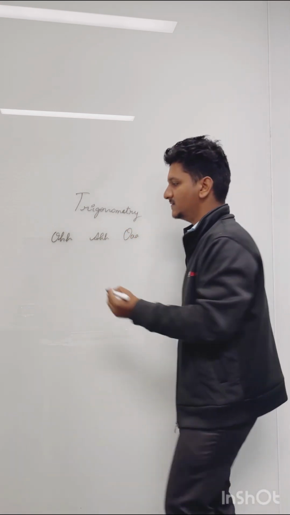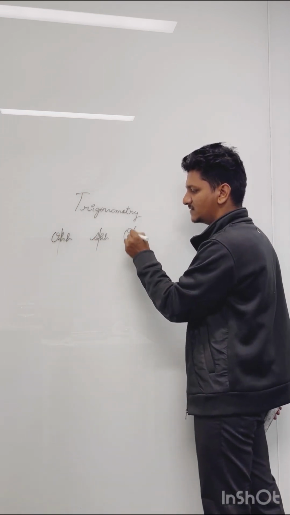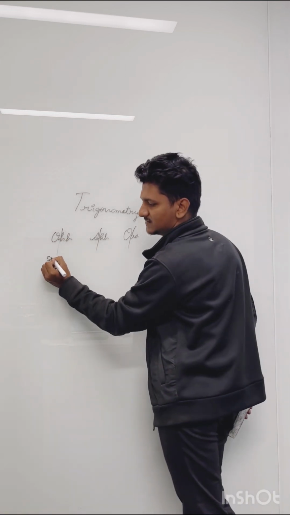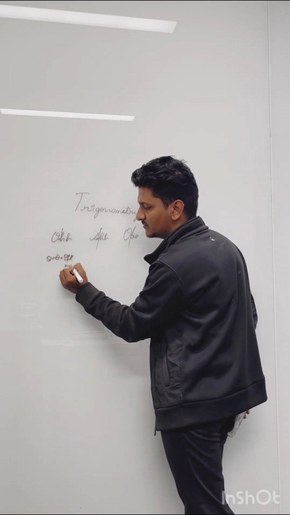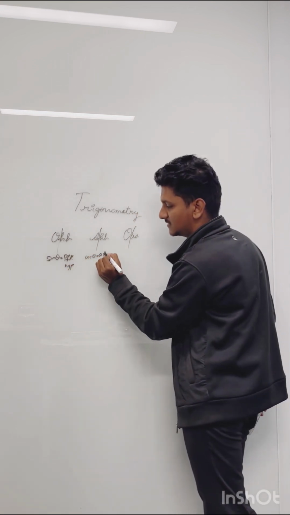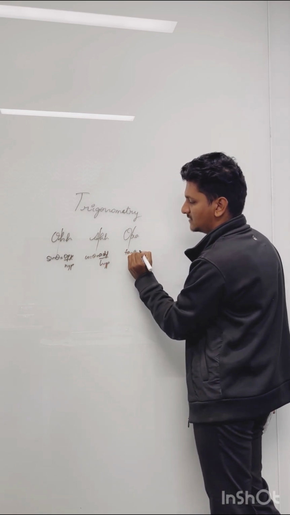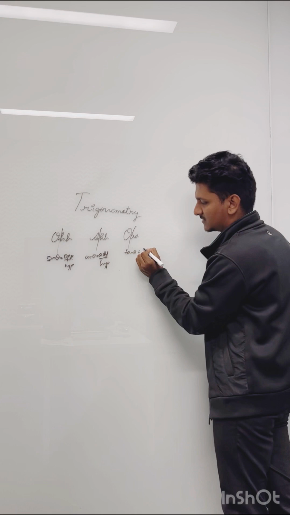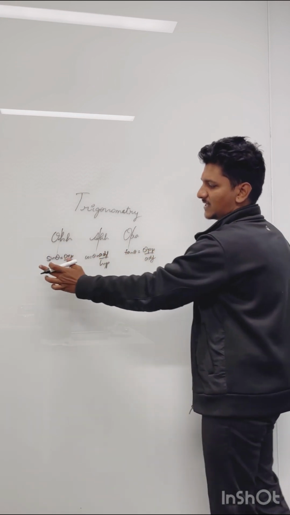So sine theta is opposite upon hypotenuse, cos theta is adjacent upon hypotenuse, tan theta is opposite upon adjacent. So sine theta is O, that is opposite upon hypotenuse. Cos theta is A, that is adjacent upon hypotenuse, and tan theta is opposite upon adjacent, that is OA. Also tan theta is sin theta by cos theta.